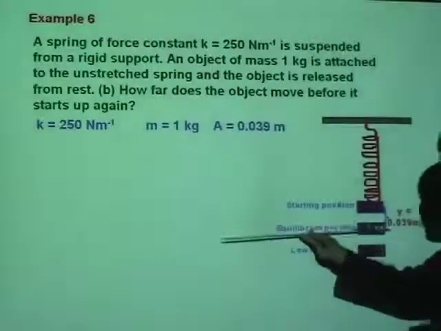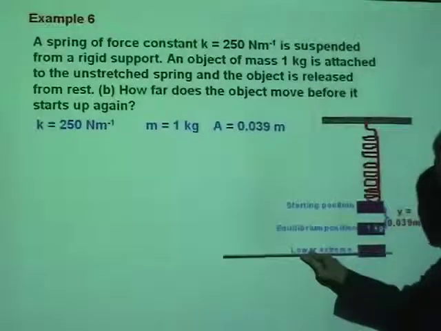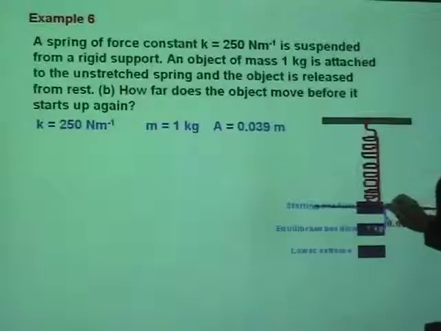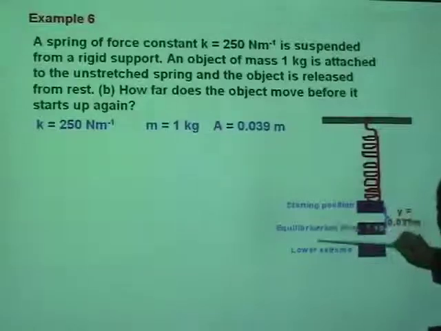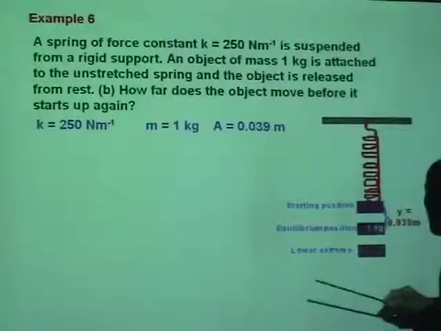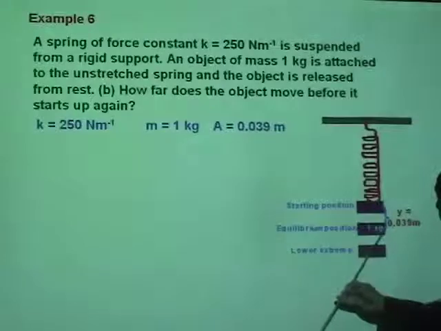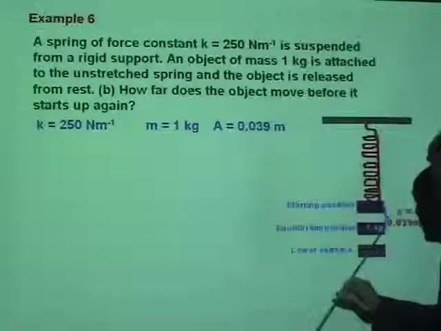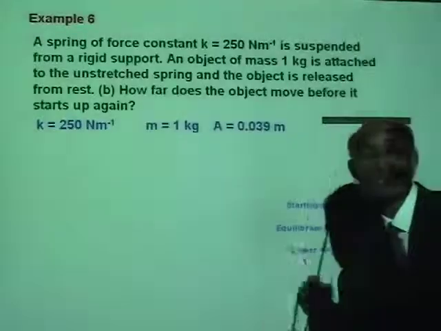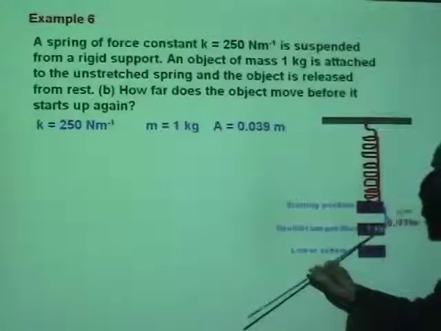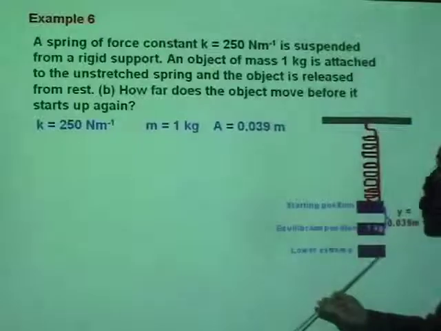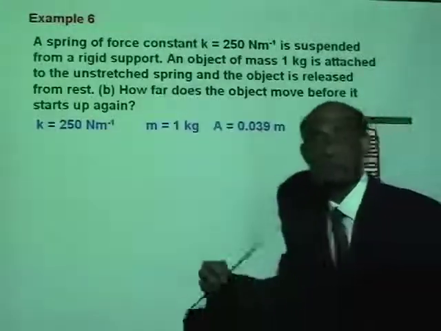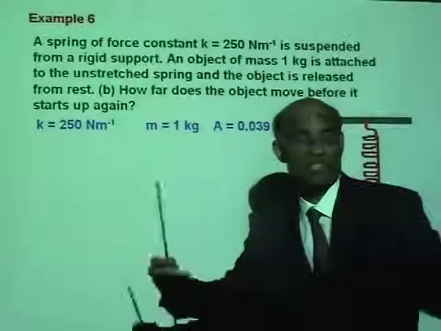In other words, what is the distance it will go down? What will be its distance from the starting position to the lower extreme? If this distance is 0.039 meter, and this is going to be the amplitude of oscillation, then this distance also will be 0.039 meter. So the B part can simply be answered just like that.